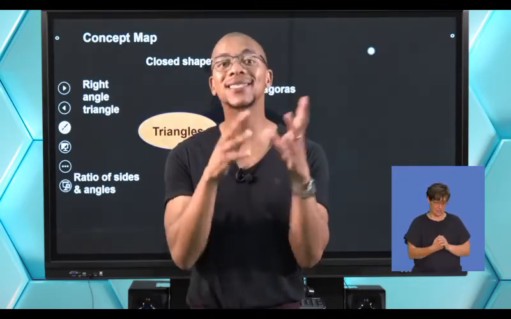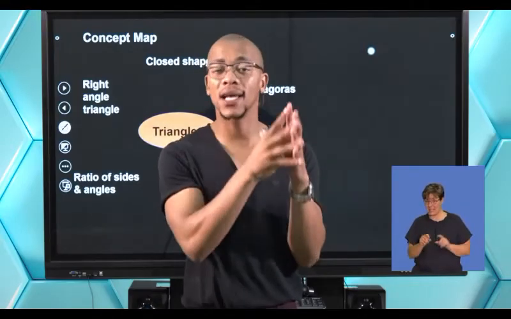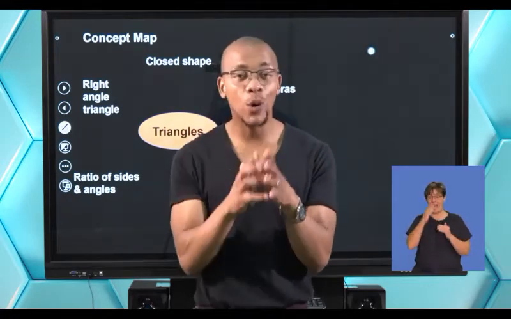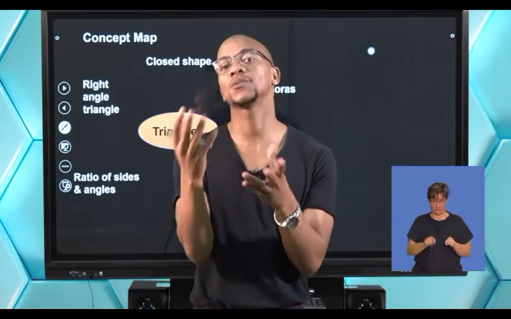And remember, I said 60 degrees will be in the same triangle as the 30, and 45 degrees will be in its own triangle, because at the end, the sum of the angles in a triangle must be 180.